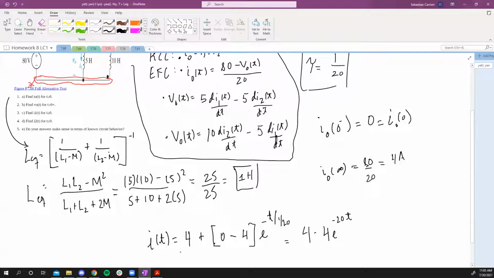Oh, I forgot to say i0. So this is going to be our equation for i0 for t greater than or equal to 0.